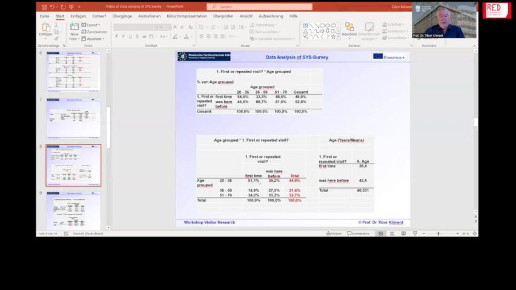So first-time visitors basically consist of younger people. Now we have the regular visitors, and here we see that the picture is a little bit different. Regular visitors, the share of people between 20 and 35 is only 39%. Here it's about 27, and the oldest ones is about 1/3.